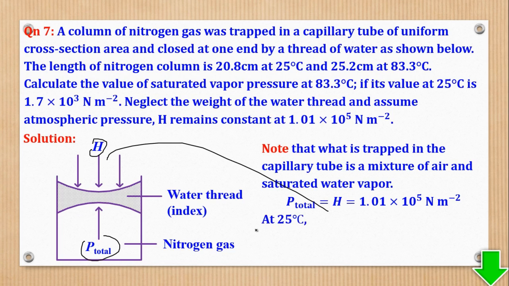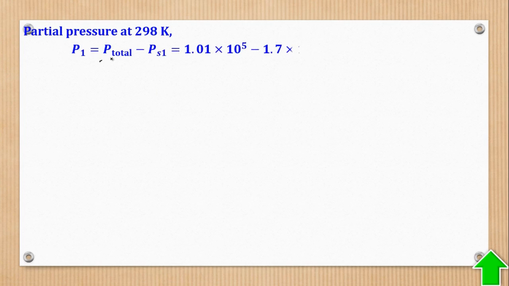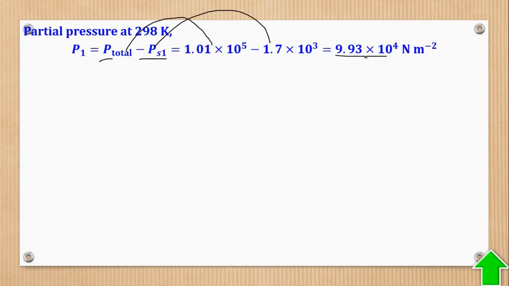Then at 25 degrees Celsius, convert 25 to Kelvin, and also volume is AL1, which gives that. And partial pressure is P total minus PS. We know P total, atmospheric pressure I got, and PS was given to give you that.